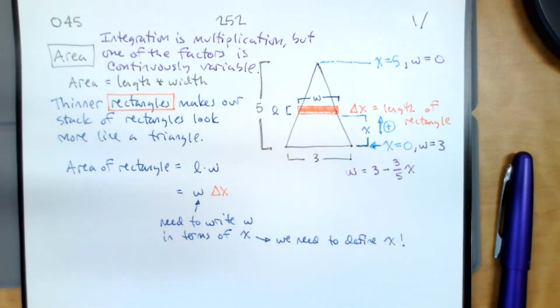So I'll make a linear function with a slope of -3/5. When X is 0, the width is 3. When X is 5, the width will be down to 0.